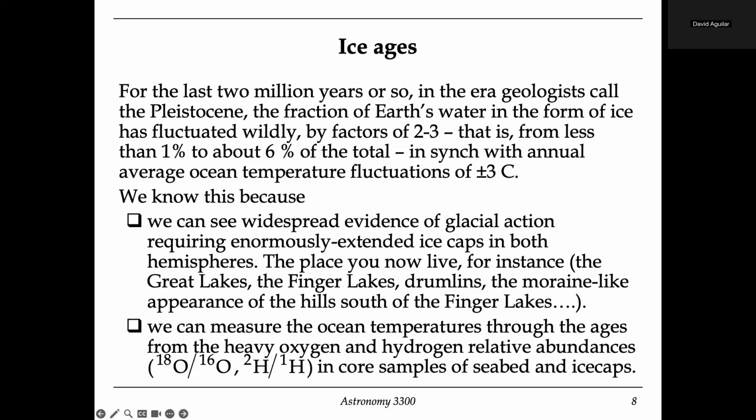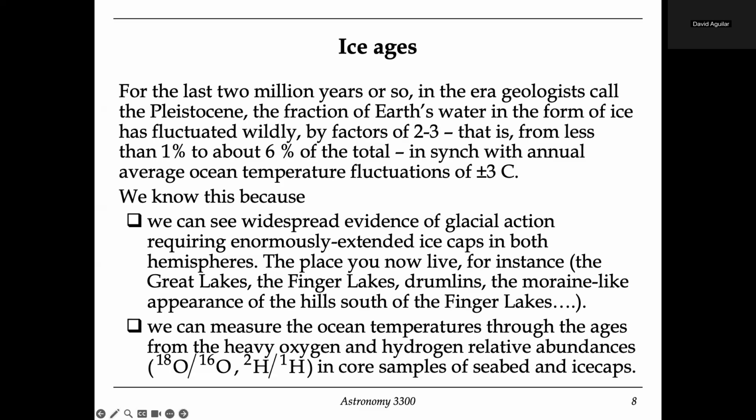So you can have different demarcations in the availability or the abundance of certain things, right? So in the last 2 million years, water has fluctuated wildly in ice by a factor of 2 or 3.